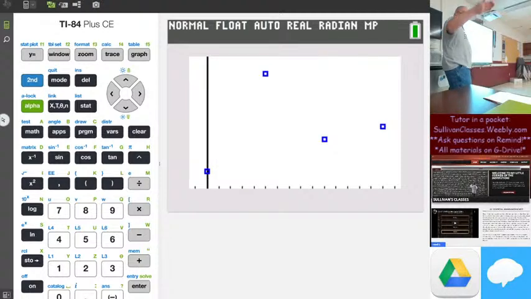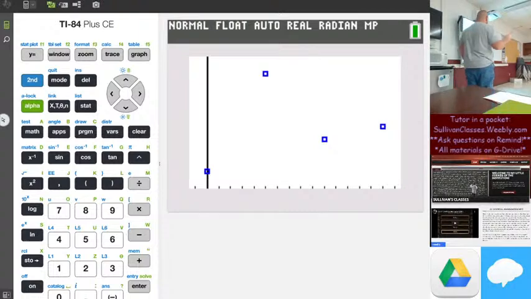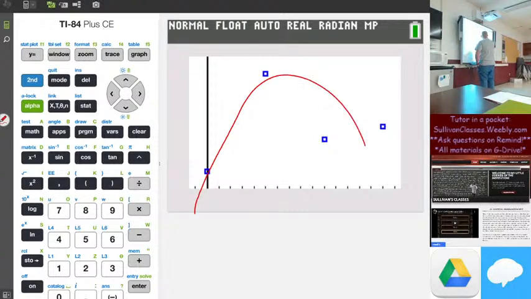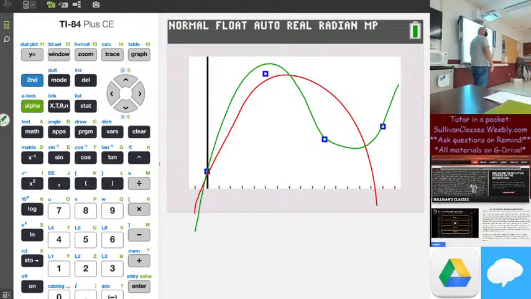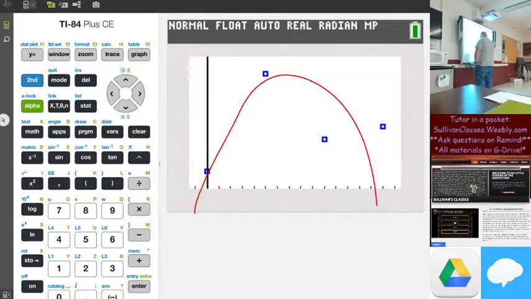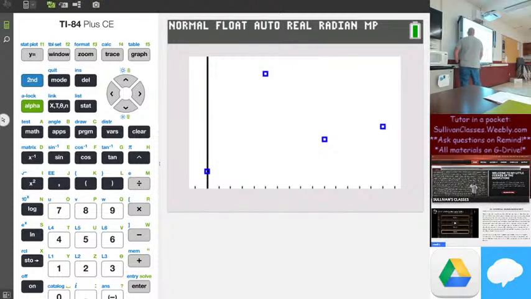But once you start doing all those kinks in the line, now all of a sudden this might make sense. Because a parabola might try to do this. But a cubic might try to do this. So you have to decide what to roll with. What's the best decision? How do I get a cubic on here?